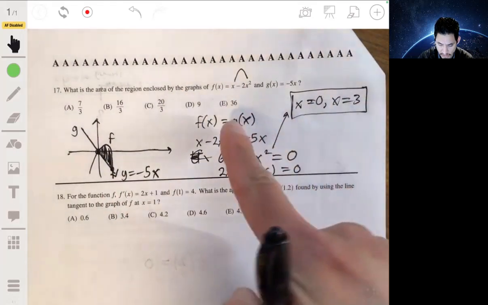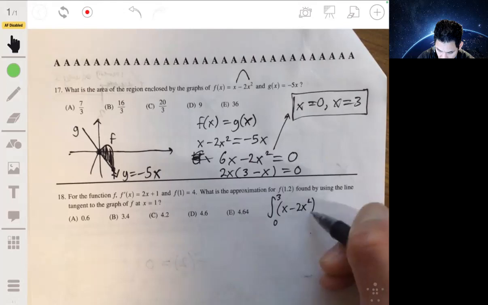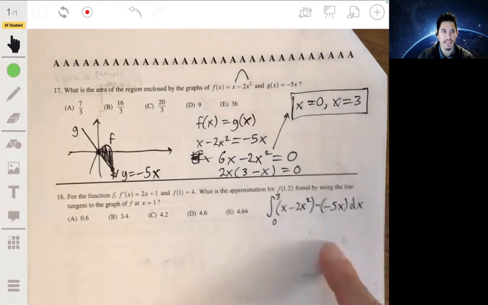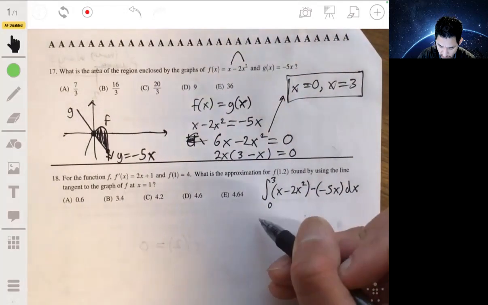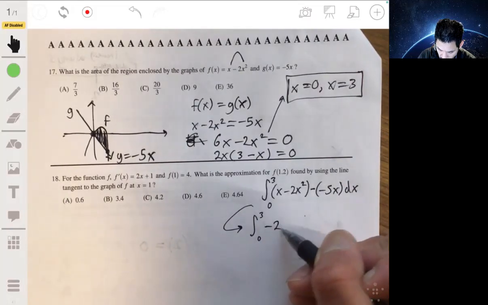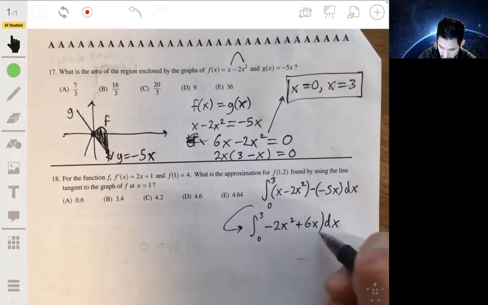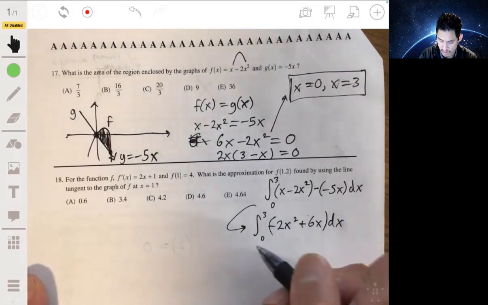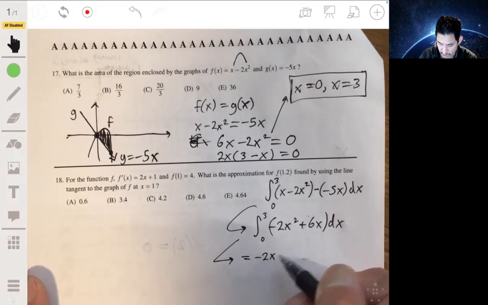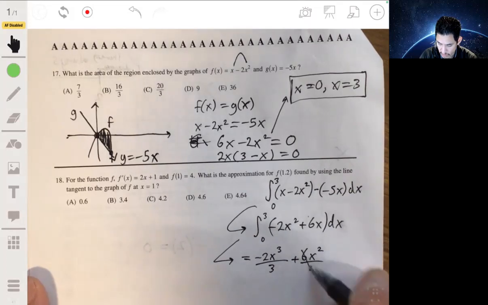So our integral then is f of x minus g of x, or x minus 2x squared minus negative 5x. The key is just to solve this integral now. So negative 2x squared, x minus negative 5x, 6x dx. Integrating, we get negative 2x cubed over 3 plus 6x squared over 2.